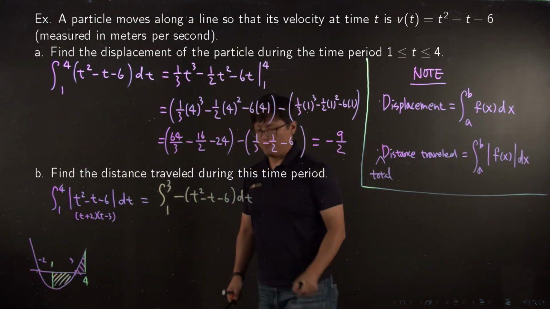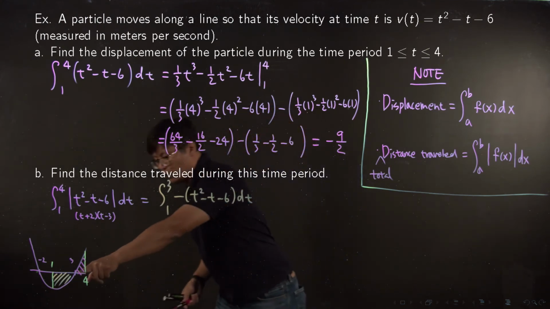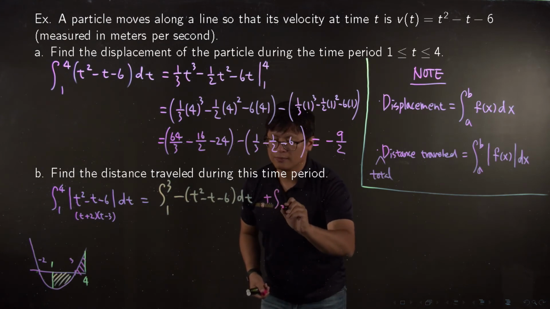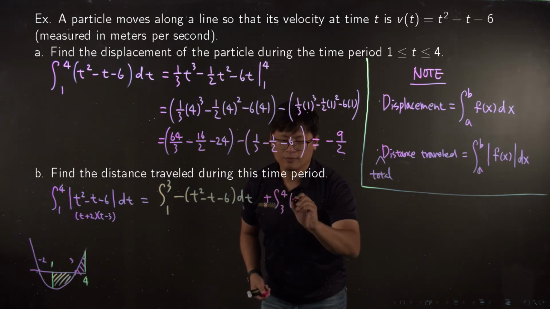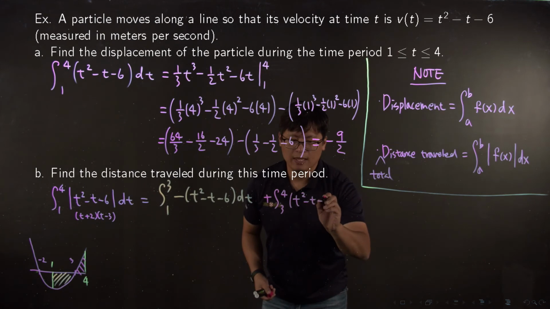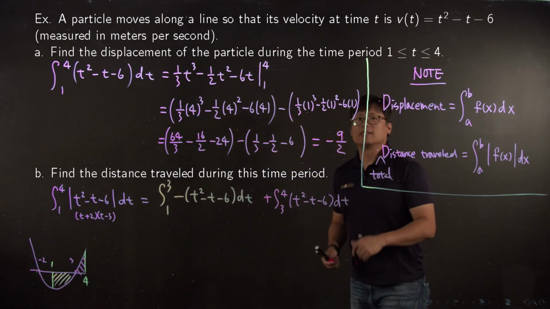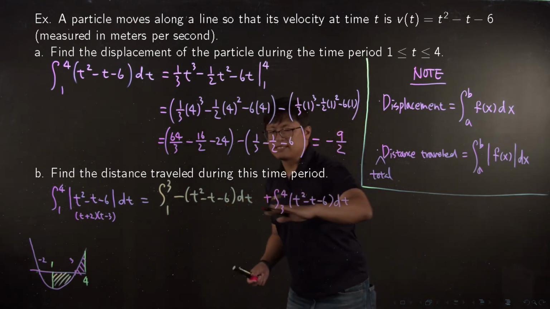Is that okay? And then 3 to 4 was positive, so we're going to keep it as positive. That's it. Okay? So now we have to evaluate this guy and this guy separately, okay?